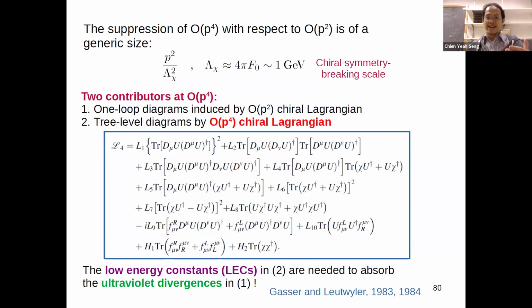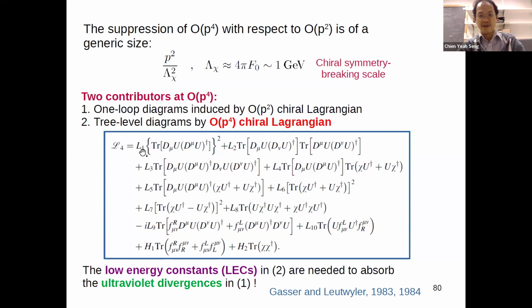It turns out that you need both the one loop from O(P^2) and the tree level from O(P^4), because when you do loop integration using the O(P^2) Lagrangian, you will get ultraviolet divergences. And the ultraviolet divergences have to be absorbed into these low energy constants from the O(P^4) Lagrangian at tree level.